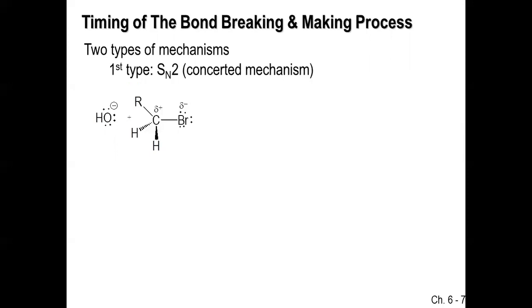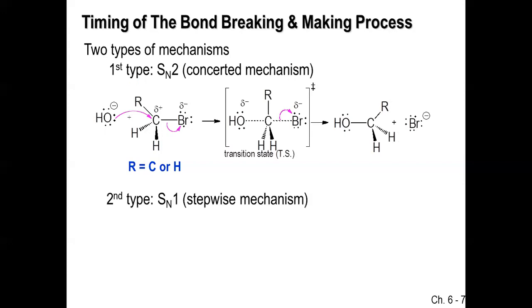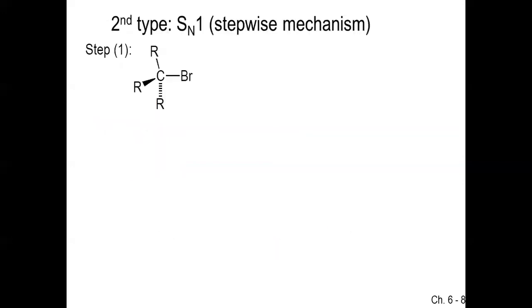First type is SN2, that is a concerted mechanism. Concerted stands for simultaneous. That means at a time, the bond making and breaking process is going on simultaneously. The reaction involves transition state formation and then there will be removal of the leaving group. Whereas the second type is SN1, which is a stepwise mechanism where initially there is bond breaking and then bond making.